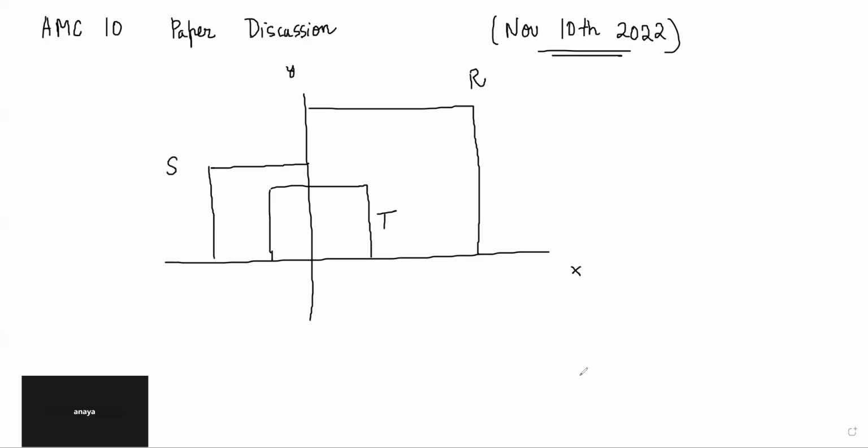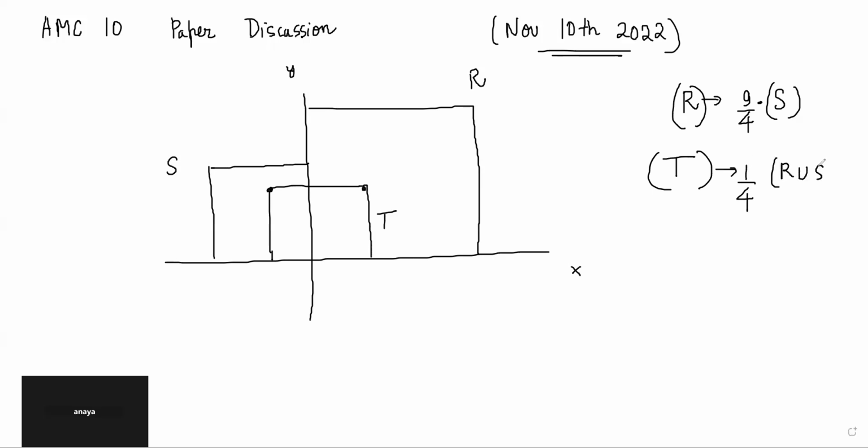Now the information that they have given is R has 9 by 4 number of lattice points of S. The top two vertices of T are in R union S, and T contains 1 by 4th of the lattice points in R union S. Right? Yes.